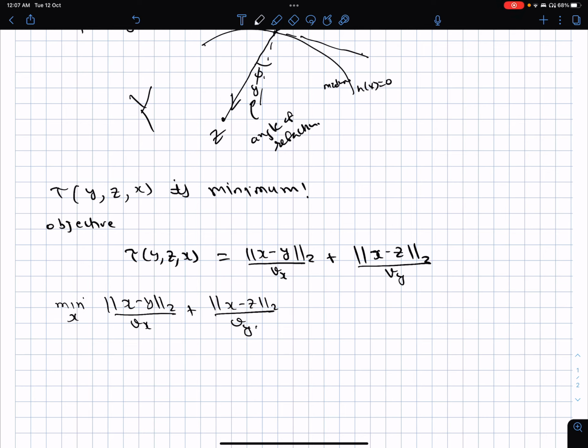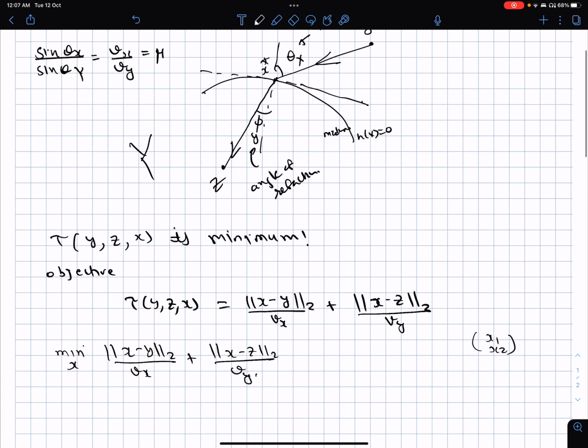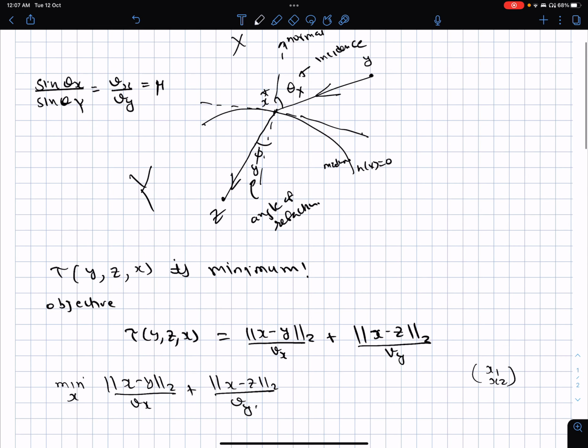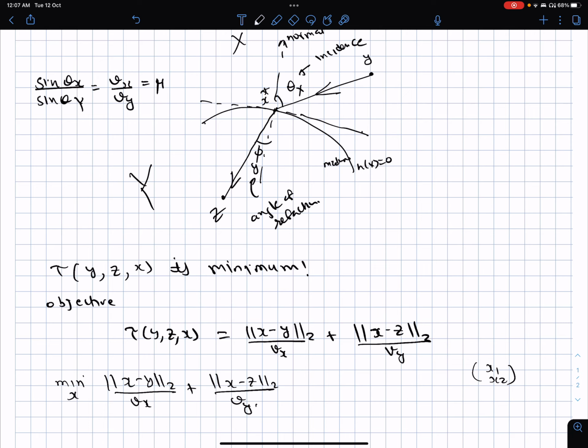Now, are there any constraints? This x is a two-dimensional thing, x1 comma x2, because it's a two-dimensional plane. My next question is, is there any constraint that has to be satisfied, or is it an unconstrained optimization problem? There is a constraint, which is that the refraction is happening at this surface h of x equal to 0.